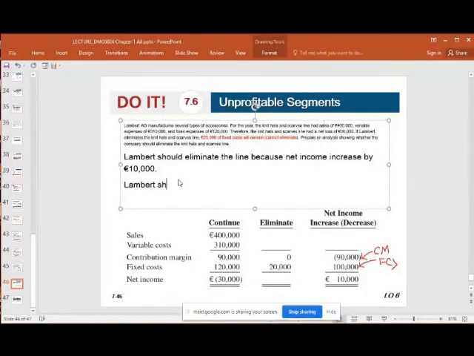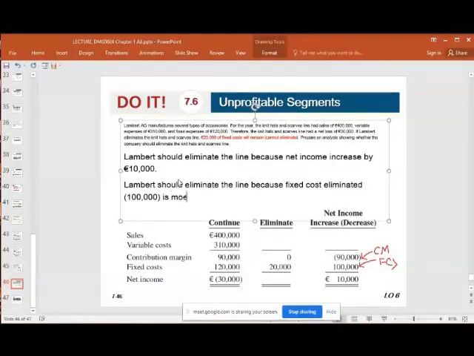Lambert should eliminate the line because fixed cost eliminated, which is 100,000, is more than contribution margin lost, which is 90,000. So class, don't forget your symbol. When you're doing your tutorial, make it a habit to always write your symbol so that during exam you won't get your marks deducted.